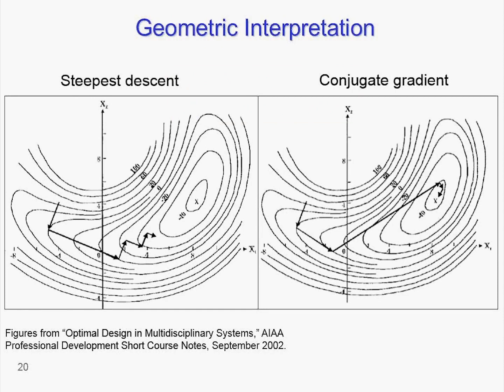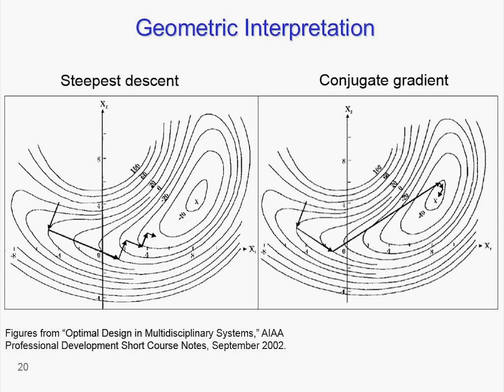And if you look at this example, this function is a really famous analytic example that's often used for optimization algorithms. It's called the Rosenbrock function. It's sometimes called the banana function because it looks like a banana with really steep walls. What you can see here on the left is the steepest descent algorithm starting from the initial point here. We compute the direction of steepest descent.